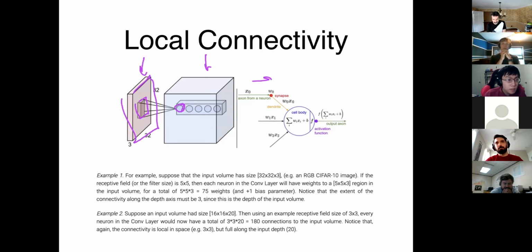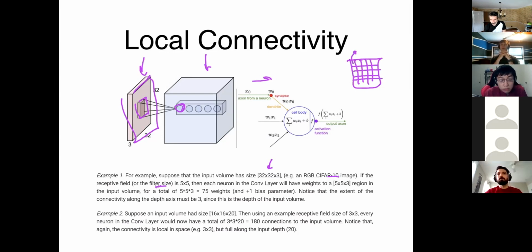So in this case, for example, this is the size of CIFAR10. It has 32 by 32 with a depth of 3 for RGB. If we consider a filter size of 5 by 5, each of these is basically a parameter to be learned.